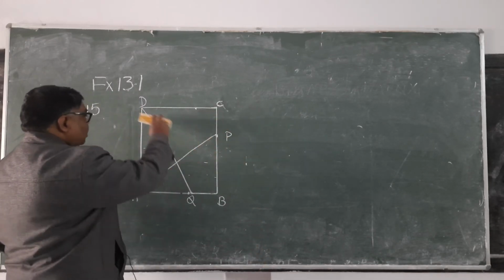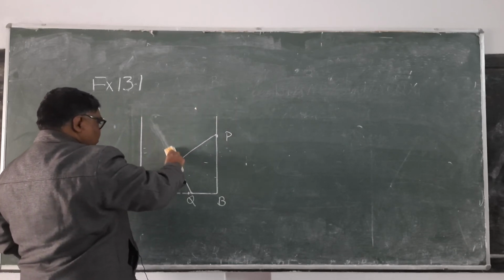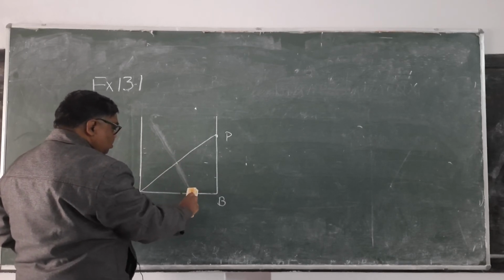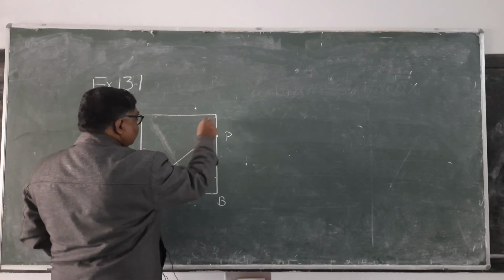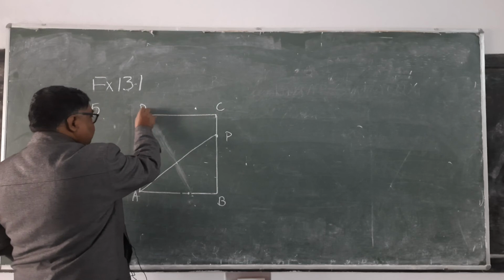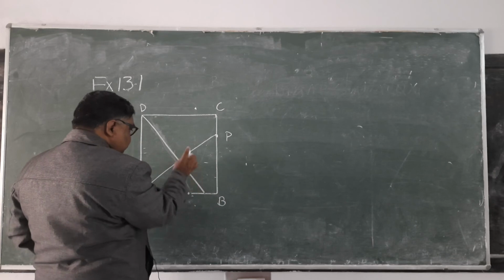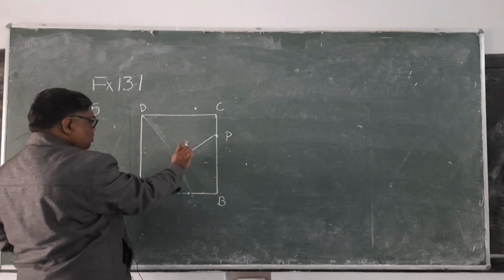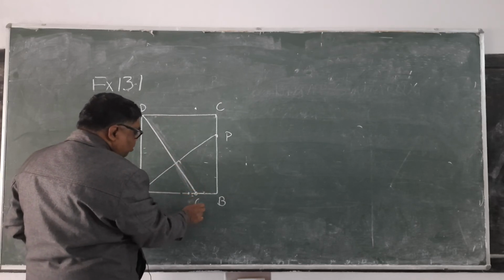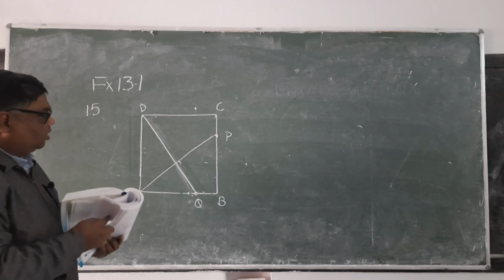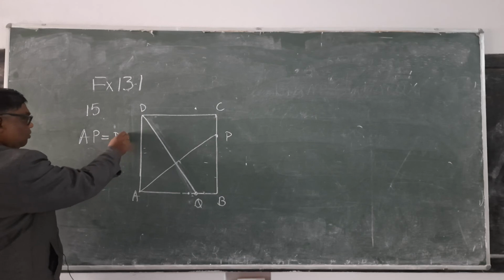Here this side is longer, a little bit longer, so you correct this. This is CD. थोड़ा गड़बड़. This point is Q. It is clear? Here it is given. What is given? AP is equal to DQ is given in the question.